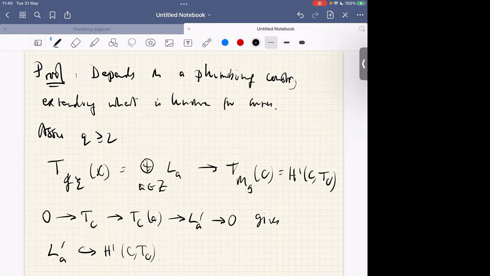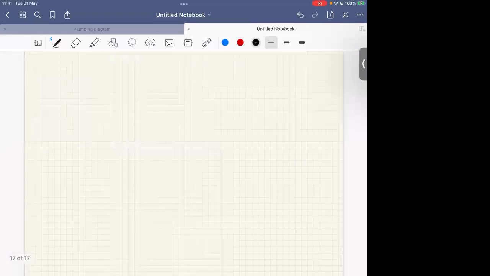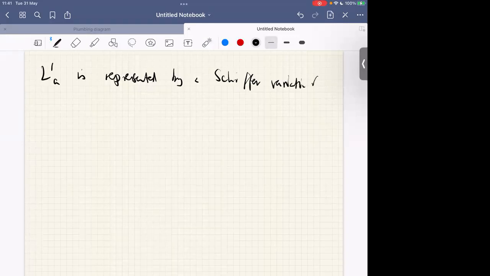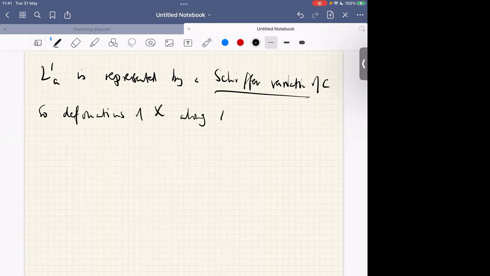And the whole point is that LA maps to LA prime, and LA prime is represented by a Schiffer variation of C. So deformations of X along the LA direction map to Schiffer variations of C.